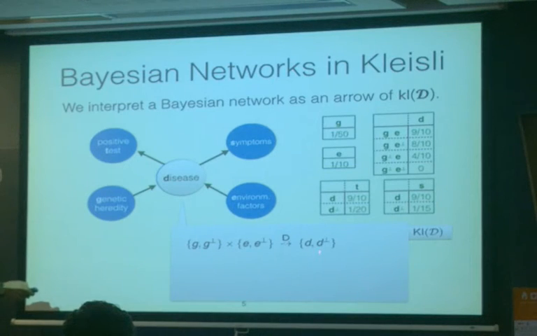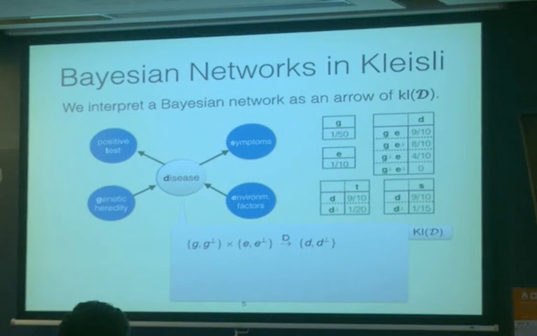So the target here is a 2-element set whose elements we think of as the event of a disease and the negation of the event of the disease. So the event, not the disease. And the source is the Cartesian product of this set of the event genetic relative to its negation and environmental factors and its negation.